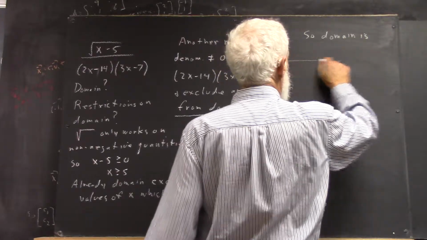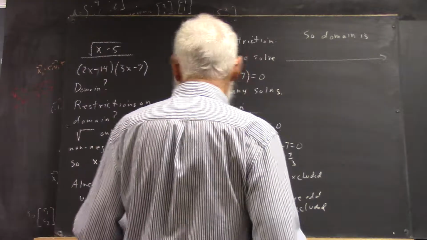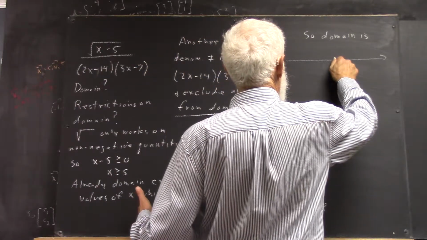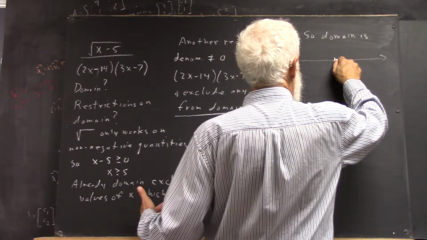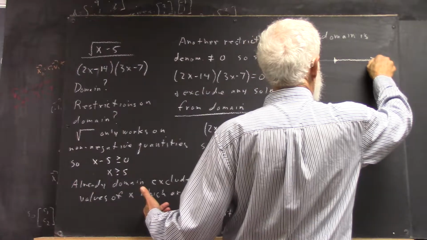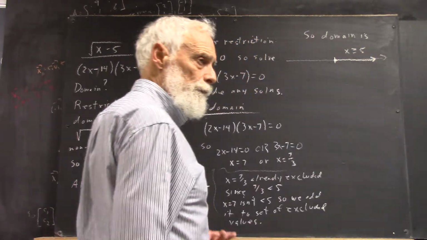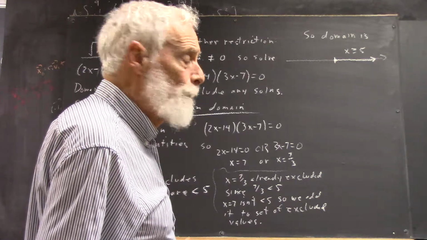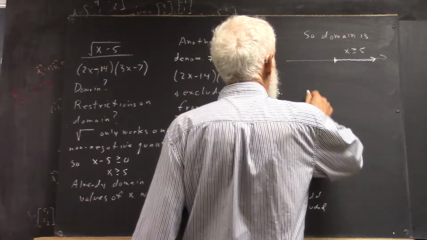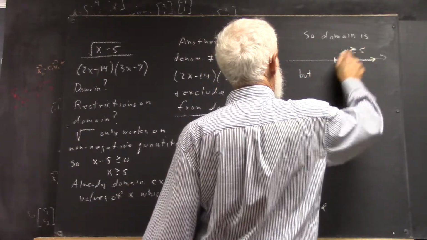So the domain is what? Well, it helps to draw this. Okay? Here we have x greater than or equal to 5. So that would do this, right? But x can't be 7. Make sure that looks like a greater than or equal.